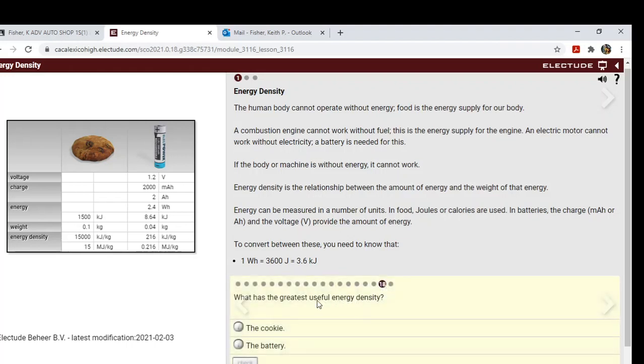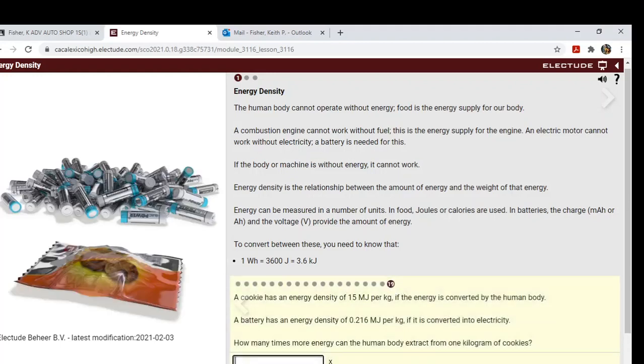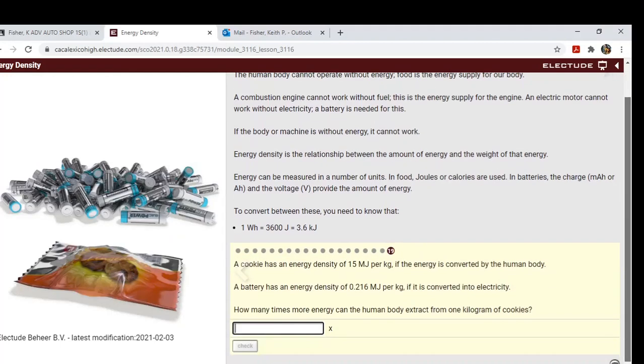All right, so question 18, what has the greatest useful energy density? Well, in this case, it's going to be the cookie. And 19, the cookie has an energy density of 15 megajoules per kilogram if the energy is converted by the human body. A battery has an energy density of 0.216 megajoules per kilogram if converted into electricity.